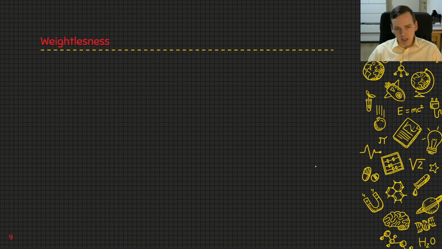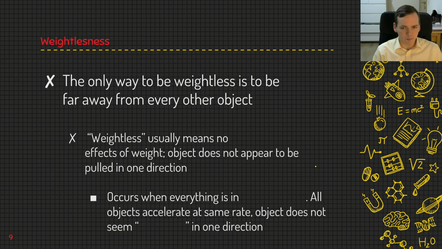Now, if that's weight, and if we've talked before about how on the International Space Station, astronauts still feel about 90% of the gravitational force that they feel on the surface of the Earth, what do we mean when we say weightlessness? Well, the only way to be truly weightless is to be infinitely far away from every other object.